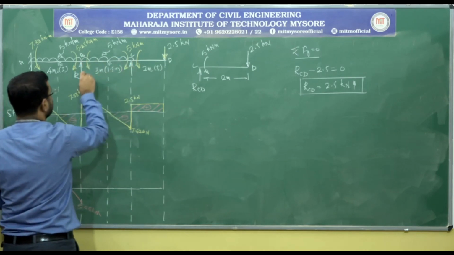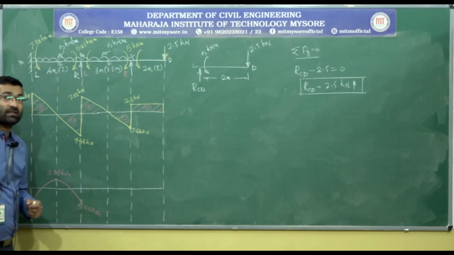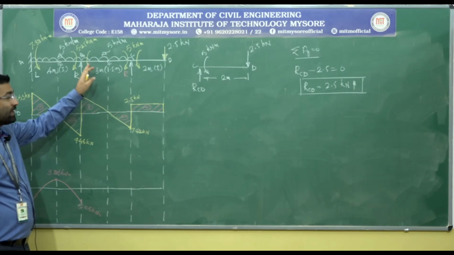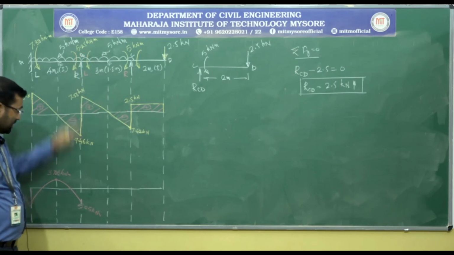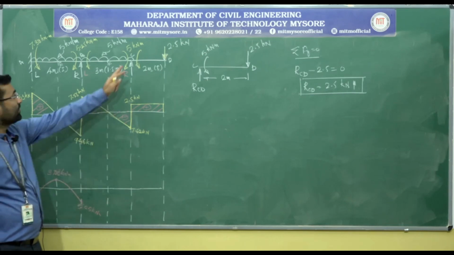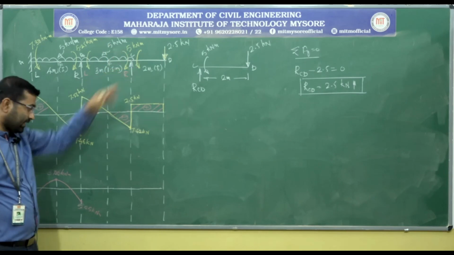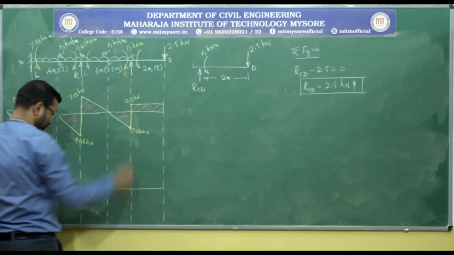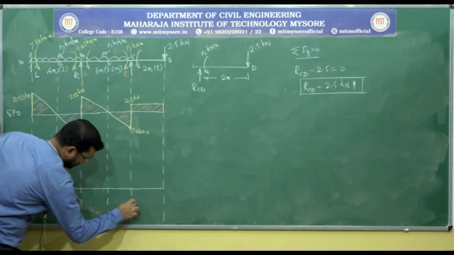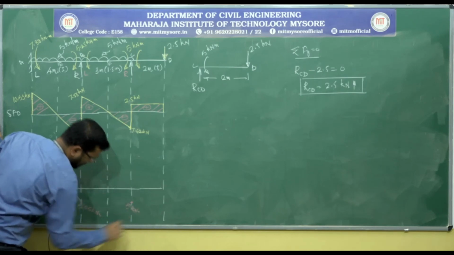For span BC, B is on the left side and C is on the right side. Left side again we have an anticlockwise moment, so left side anticlockwise is negative, which is marked in the diagram. And on the right side we have a clockwise moment, so right side clockwise is again negative. So I need to mark it on the negative side, somewhere here, and it is just 5 kilonewton meter.